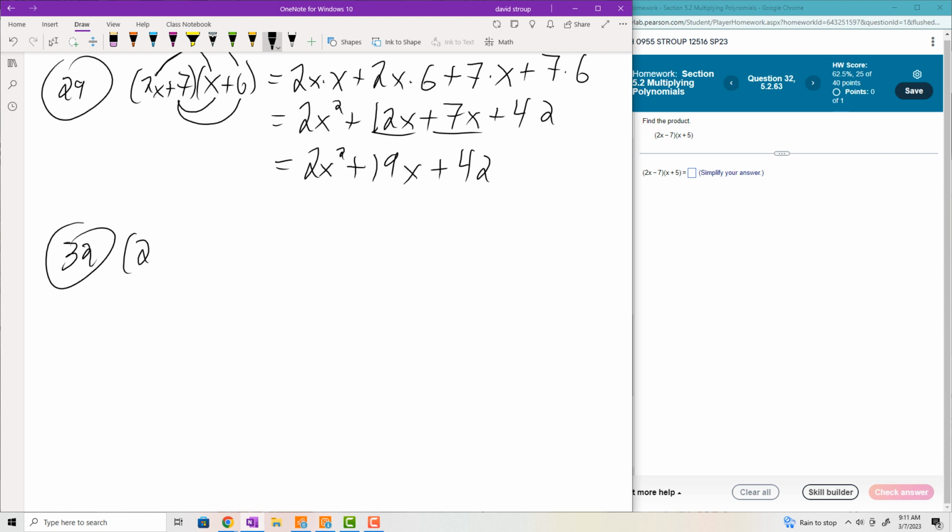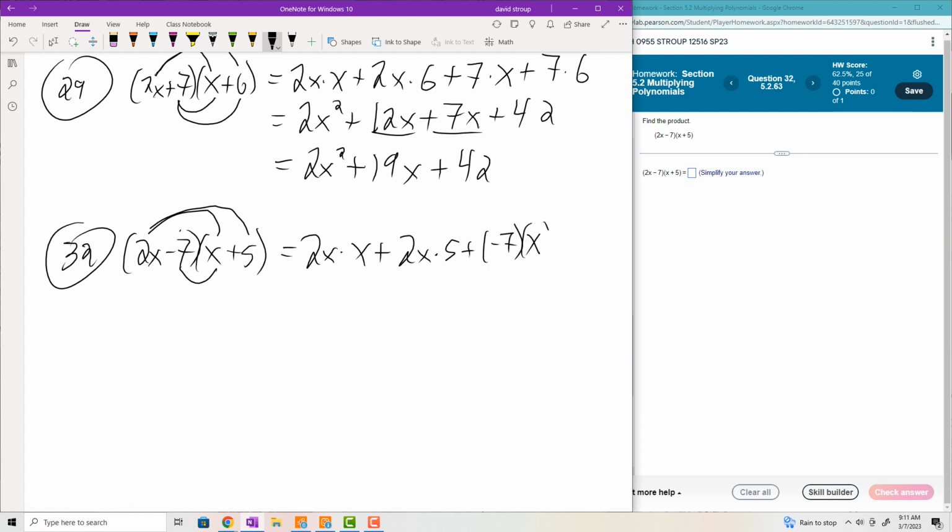32, I have 2x minus 7 times x plus 5. Okay, so first distribute the 2x. So you get 2x times x plus 2x times 5. And then distribute the negative 7. So plus negative 7 times x plus negative 7 times 5.